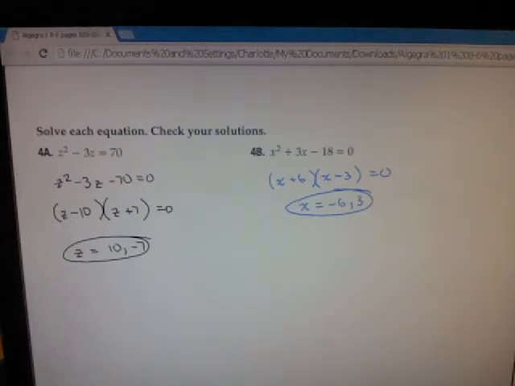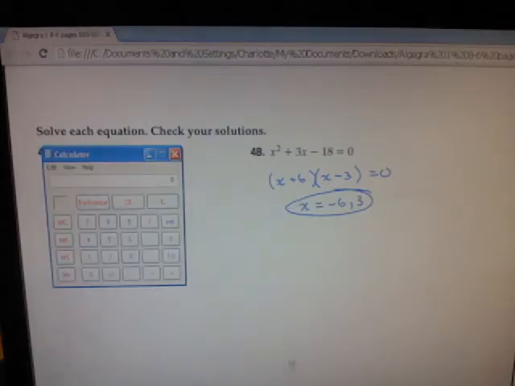Then all I have left to do is check my solution. So first I'm going to plug in my negative 6. I'm plugging it into this quadratic equation. That's the new name for this. That's what we're calling it. As long as a is not equal to 0, this is going to be a quadratic equation.